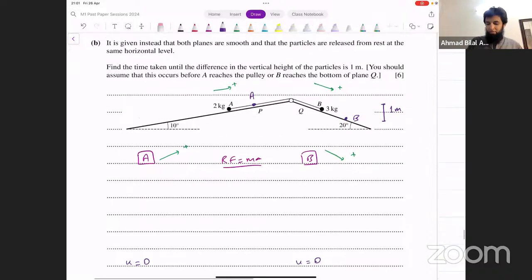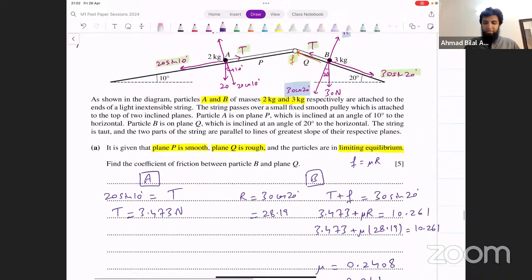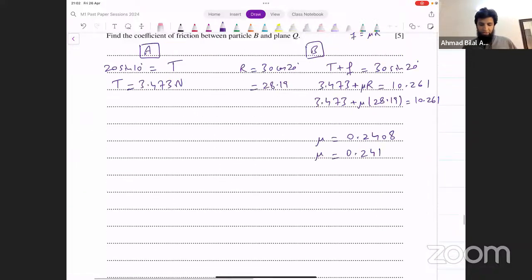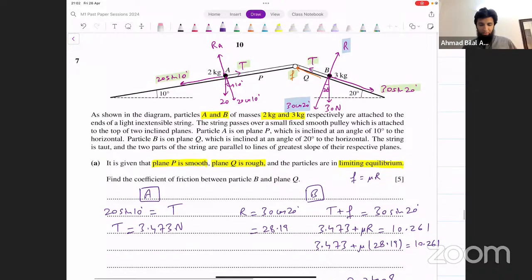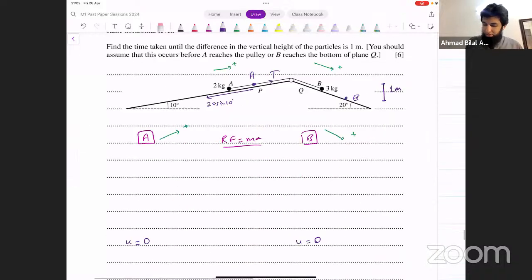On A, we have found that the weight component acting down the plane is 20 sine 10, and the other force along the plane is T. For B, we've got T in this direction and 30 sine 20 in this direction.